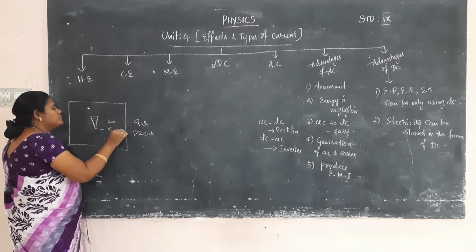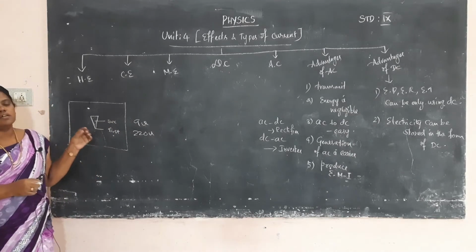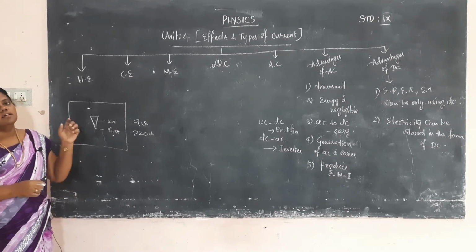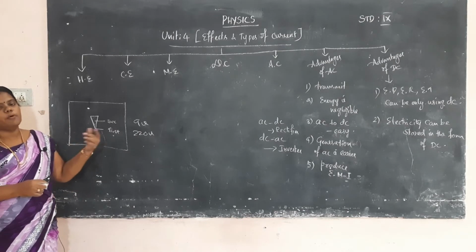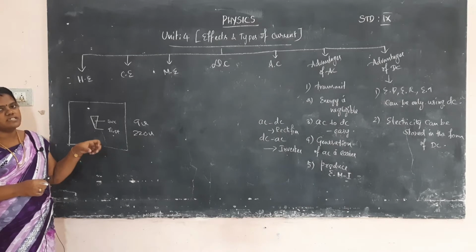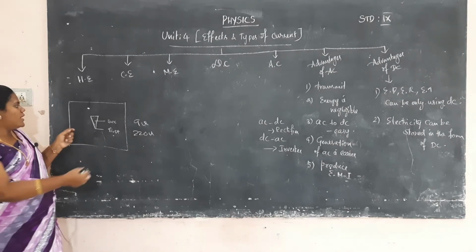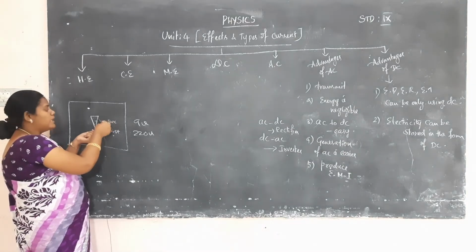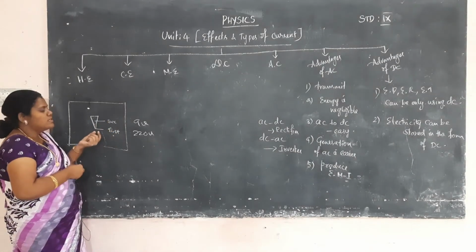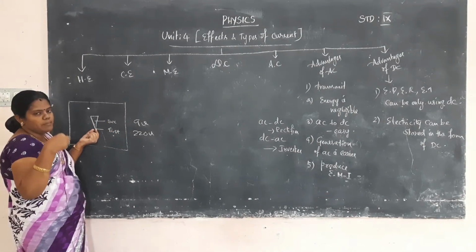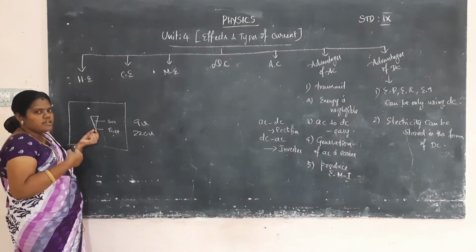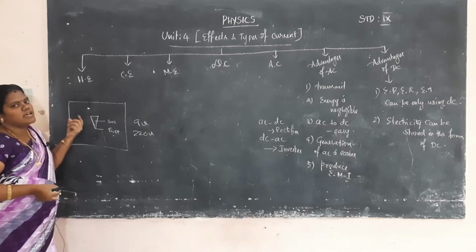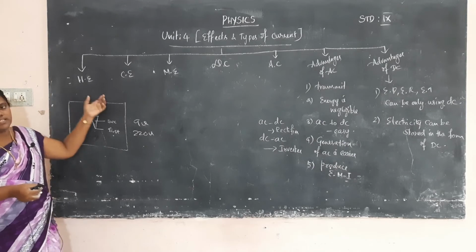The two wires touch two points of the aluminum foil, 2 millimeters apart. The current will flow and the aluminum foil starts melting. The sharp edge point of the aluminum foil is heated and melted. This is the activity for the heating effect of current.